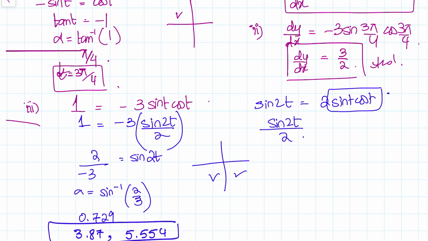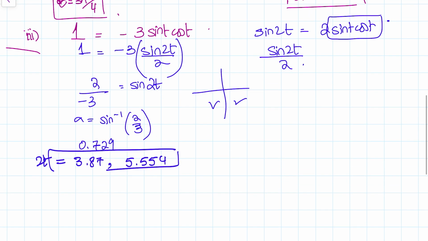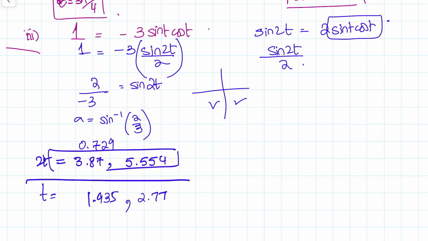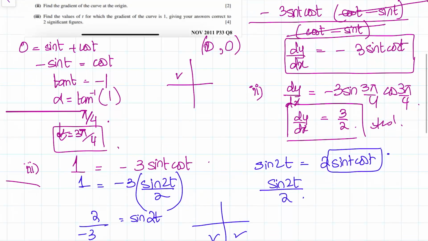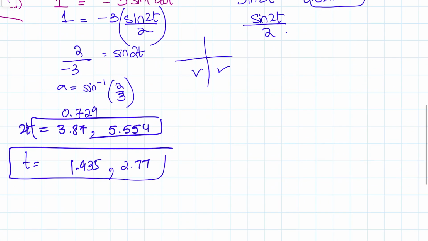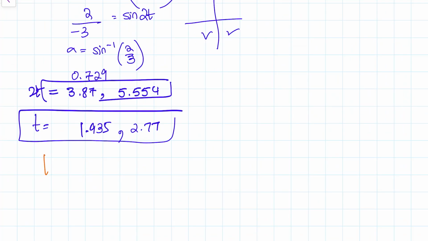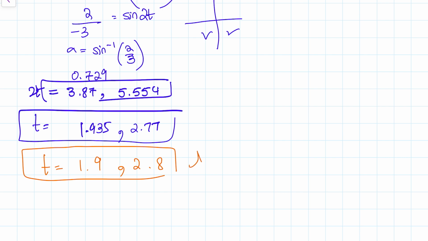Now these are the angles for 2t. t will become divided by 2. So 2.77, 1.935. So these are the values of t for which the gradient is 1. Give your answers correct to 2 significant figures. It means this will become 1.9 and this will become 2.8. These are my final answers.